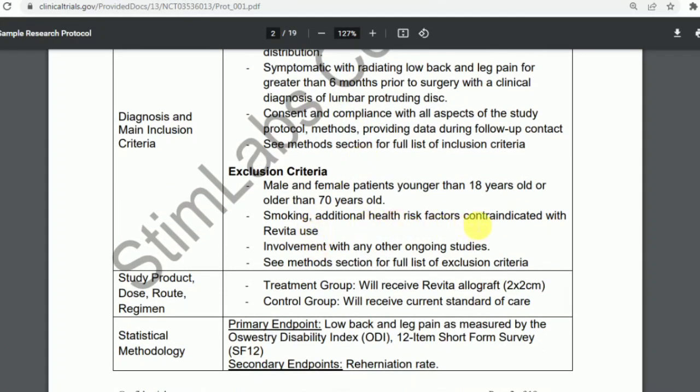Smoking, additional health risk factors, contraindicated with Revita use. Involvement with any other ongoing studies. If the patient is involved in any other clinical trial, they are not included, because it is expected that in a specific clinical trial, only those subjects will be selected who are enrolled in this particular study.